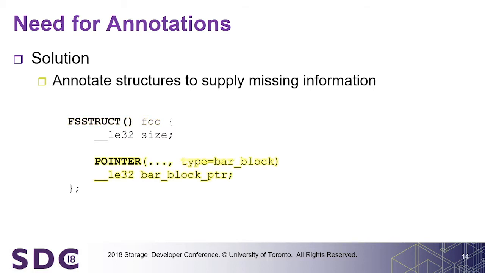Then, we add a pointer annotation right above a data structure field, such as the bar block pointer field shown here, to specify that the field holds an address to a location on physical storage. Here, this pointer annotation specifies that the value contained in the bar block pointer field is the address of a block whose type is bar block.